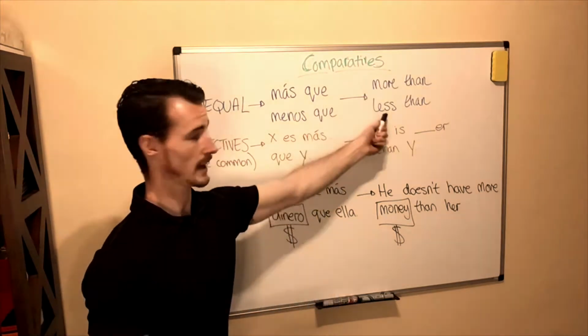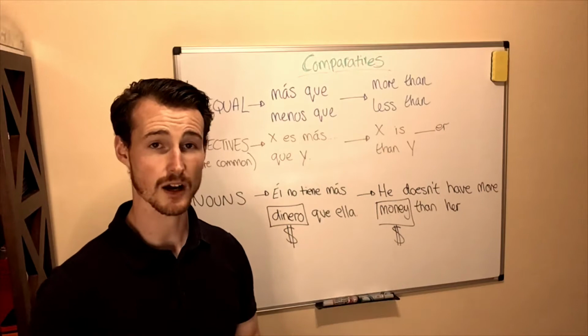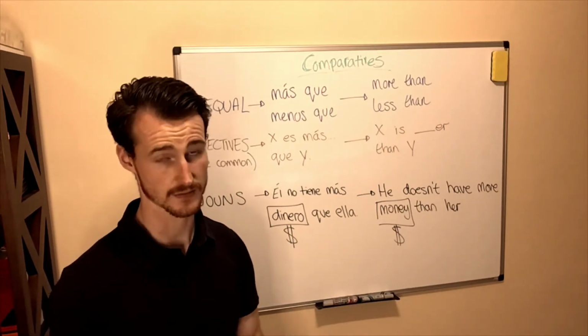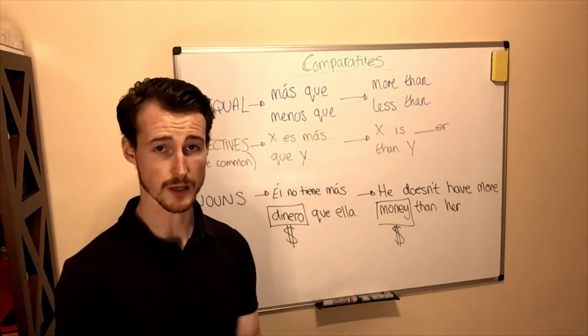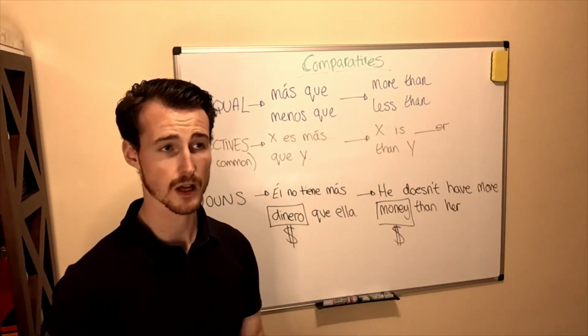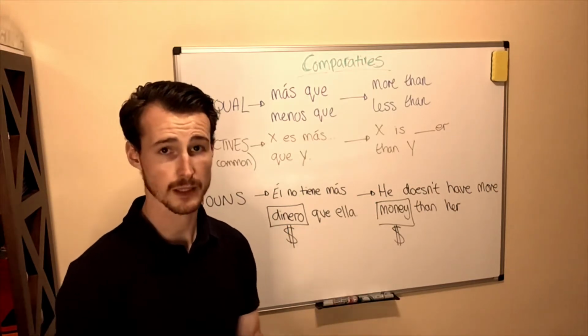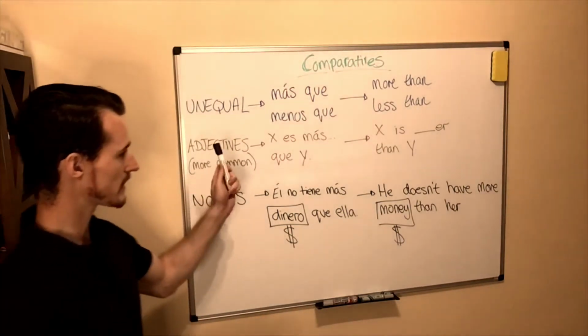More than, less than. Okay, now remember, comparatives are very common to use with adjectives. Okay, adjectives are things that describe something. Okay, for example, a happy person, a big building. Okay, so let's have a look. Adjectives.